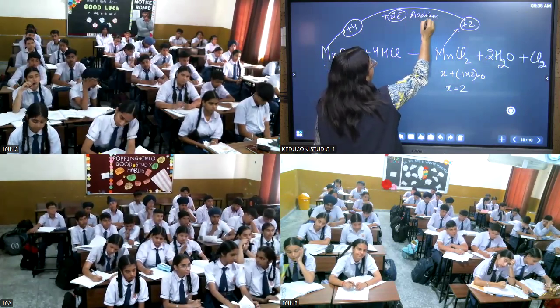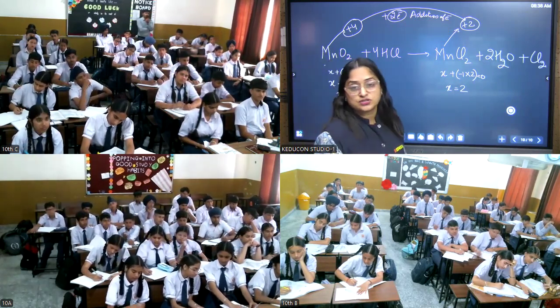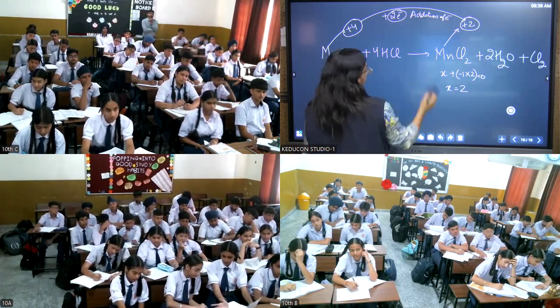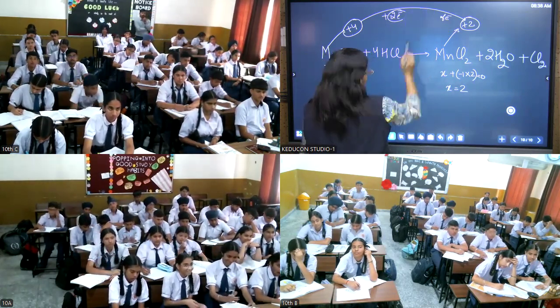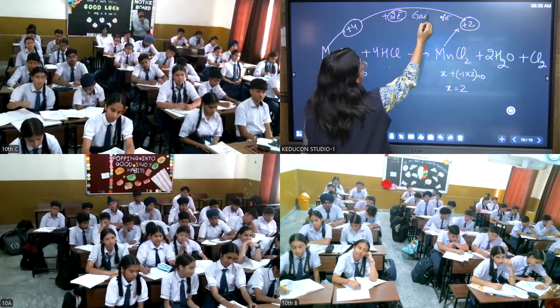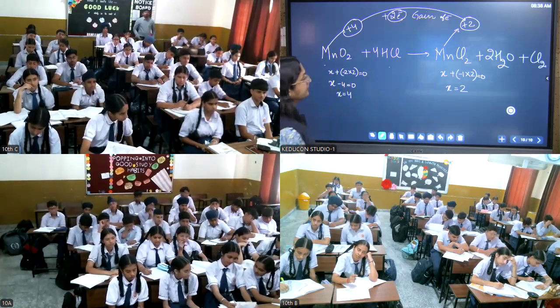Addition of electron. ठीक है. Gain of electron जिसको बोलते हैं. Loss of electron नहीं हो रहा, gain of electron हो रहा है. If you don't want to write addition, you can write gain of electrons. Because आपको +4 charge से +2 charge करना है, तो gain of electrons आपको करना पड़ेगा.